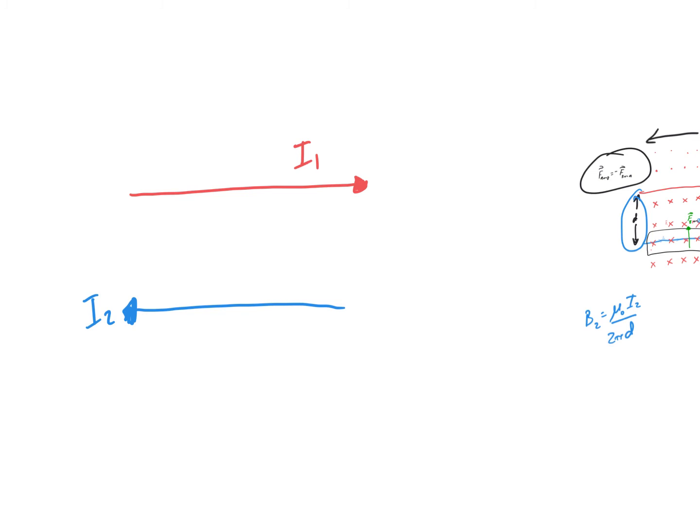I1 is going to create magnetic fields that are out of the board on this side and into the board on this side. Similarly, I2 is going to create magnetic fields that are out of the board on this side and into the board on this side.